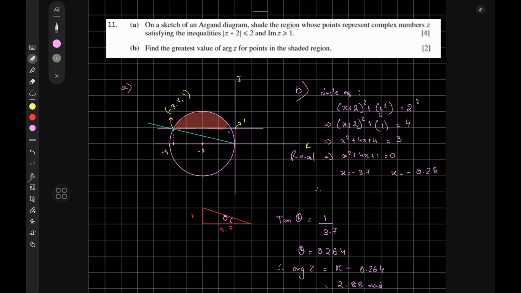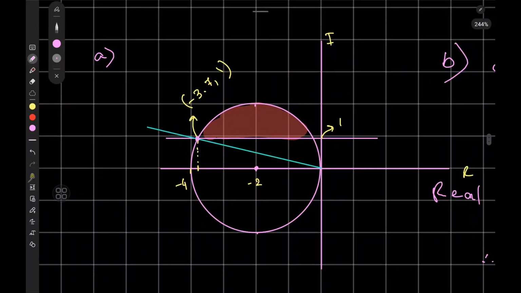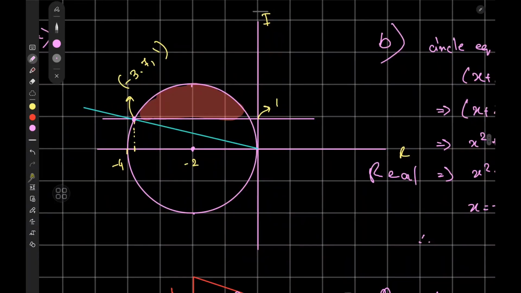So if you want to find out from this shaded region at which point the complex number z is going to give you the greatest value, it is going to be over here. Why? Because at that point the angle made is going to be this, where the angle is the greatest.